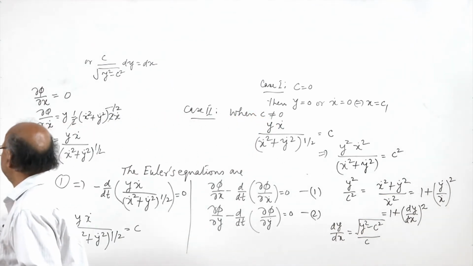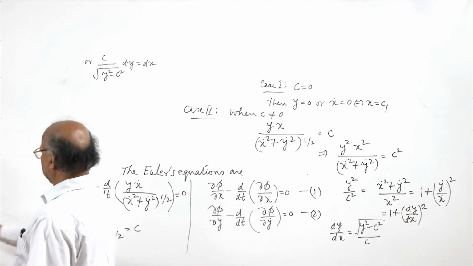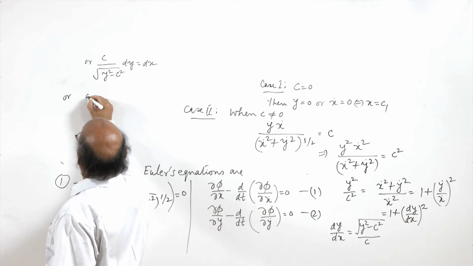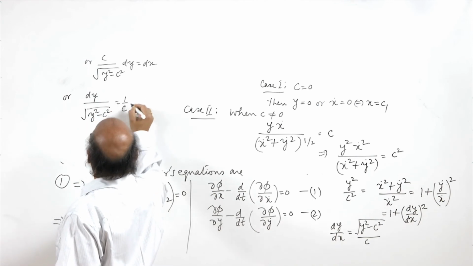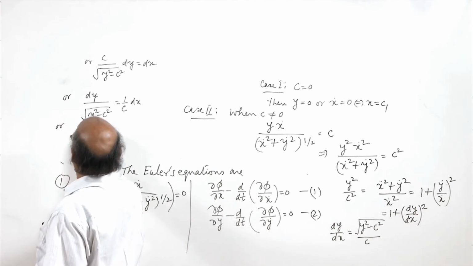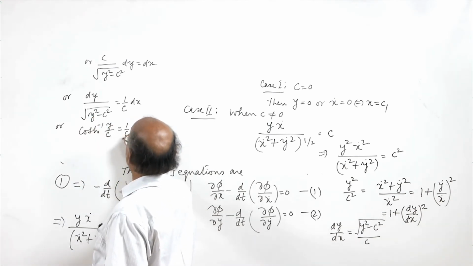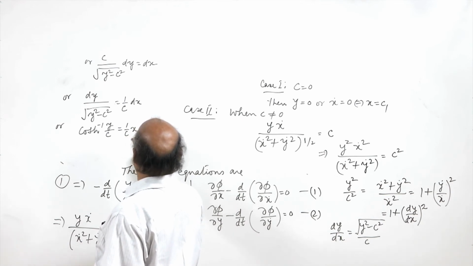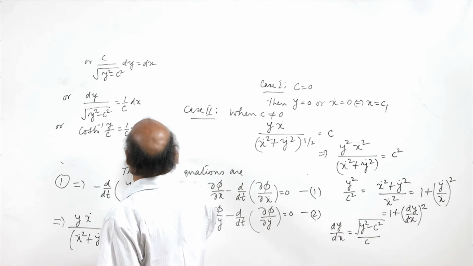So when we integrate this, dy upon under root (y square minus c square) is equal to 1 by c dx. Okay, so when we integrate, we get cos hyperbolic inverse (y over c) equal to 1 over c into x plus some constant. We have already taken c1, so let us write c2 here.